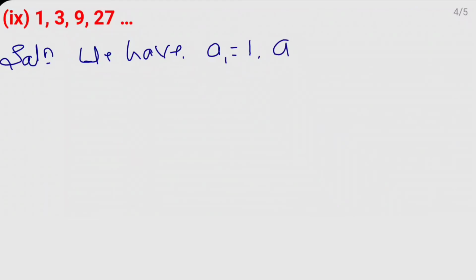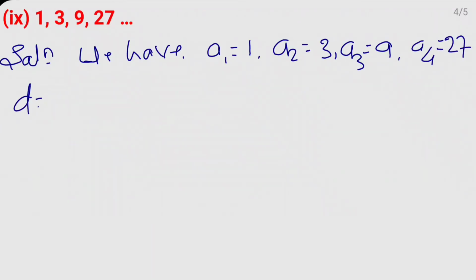1, 3, 9, 27, and so on. So let me solve here. We have A1, the first term, is 1 and A2, the second term, is 3, A3, the third term, is 9, A4, the fourth term, is 27, and here D equals A2 minus A1.